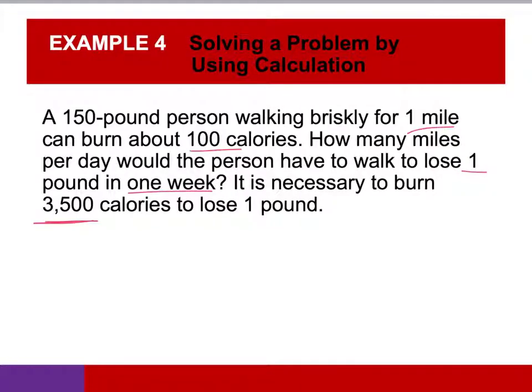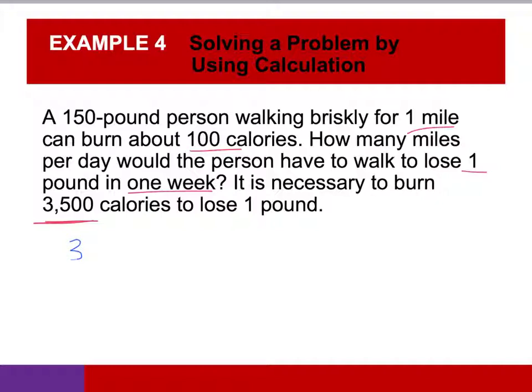So step 2 would be, I'm going to go through and just use some division to figure this out. First off, we're going to figure out how many miles 3,500 calories is.